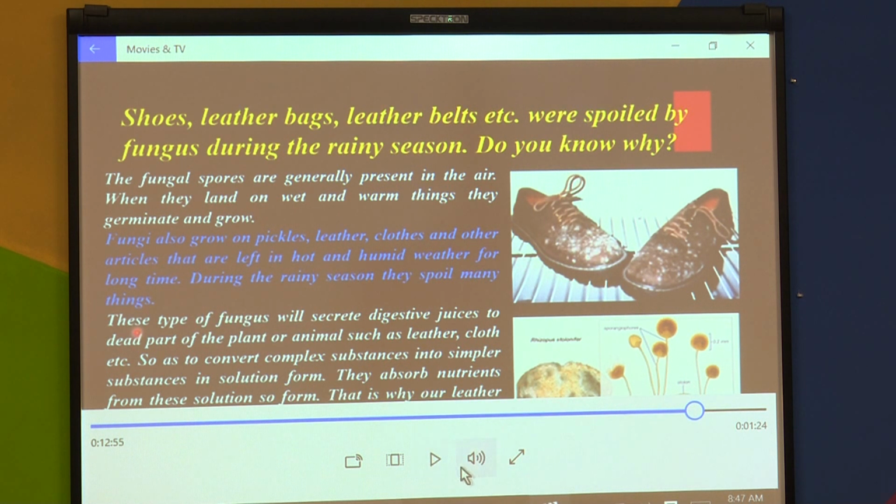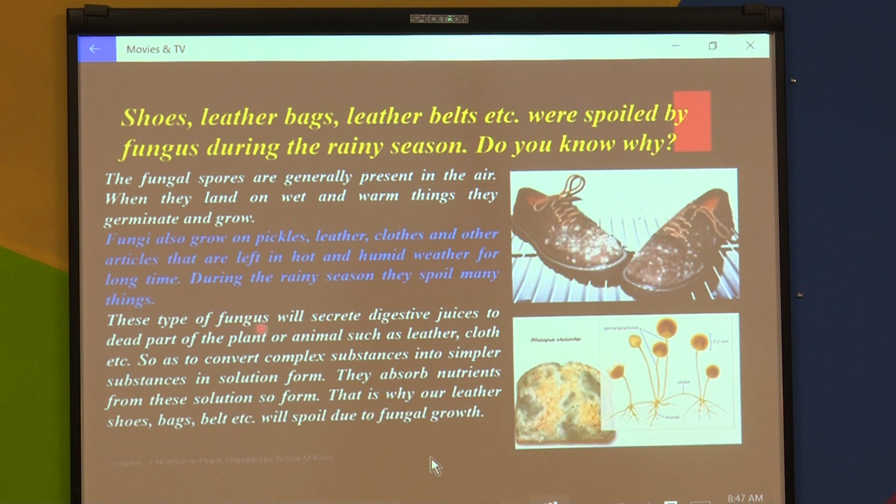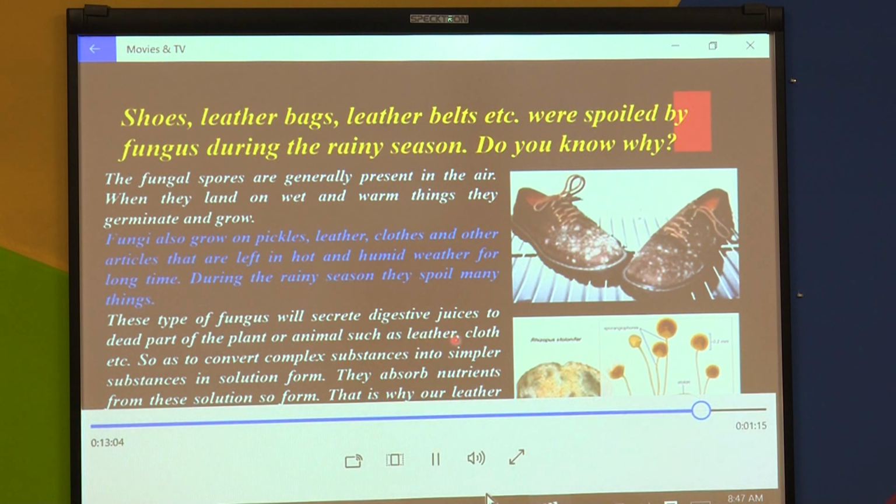They absorb nutrients from these solutions. That is why our leather shoes, bags, belts, etc. get spoiled due to fungal growth. So this is saprophytic nutrition, and these are the saprotrophs.